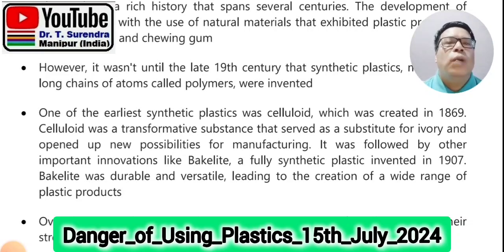Celluloid was a transformative substance that served as a substitute for ivory and opened up new possibilities for manufacturing. It was followed by other important innovations like Bakelite, a fully synthetic plastic invented in 1907. Bakelite was durable and versatile, leading to the creation of a wide range of plastic products.